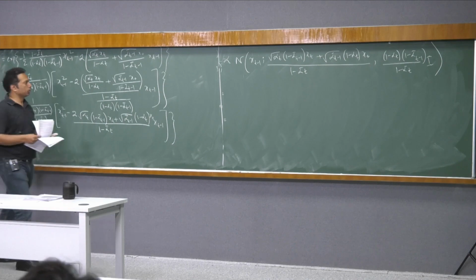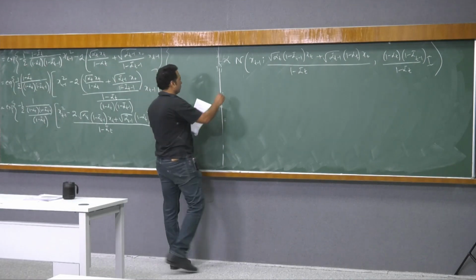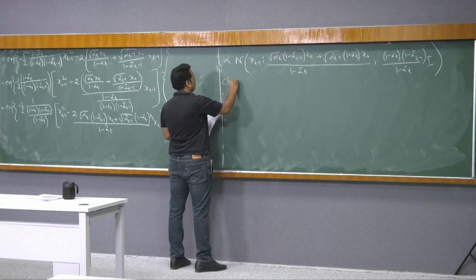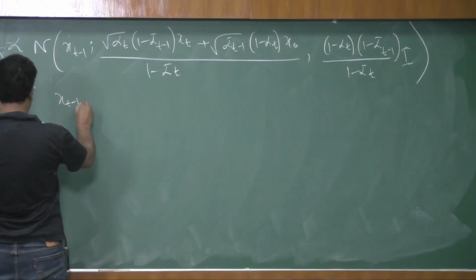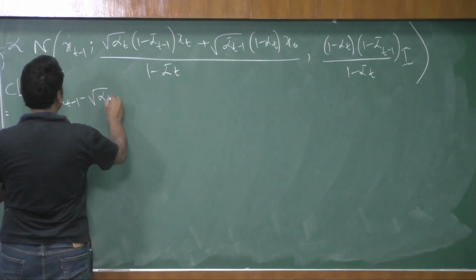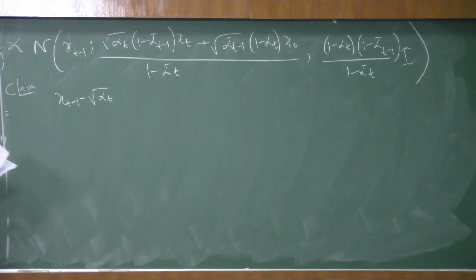The claim now is that x_{t-1} minus mu whole square, we will try to calculate this, and then compare term by term which terms are okay and which terms will be brought in with the C.